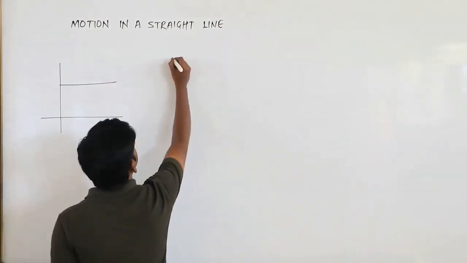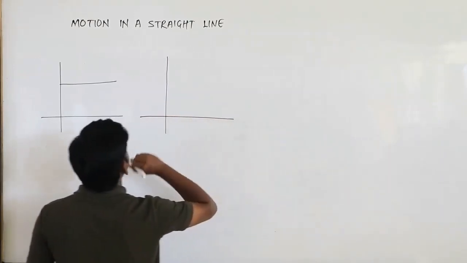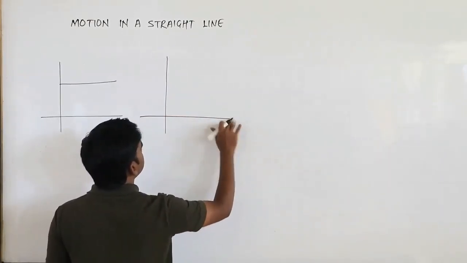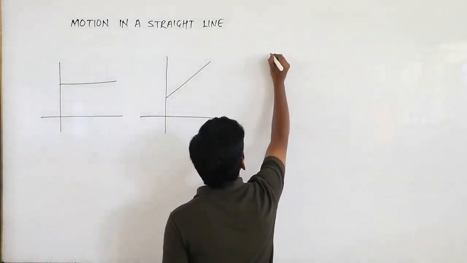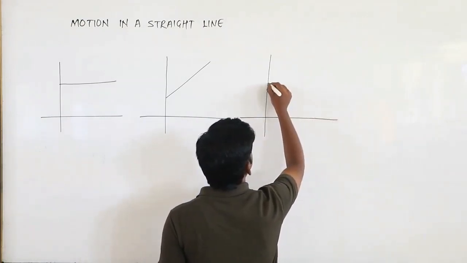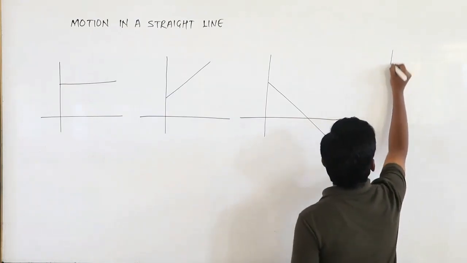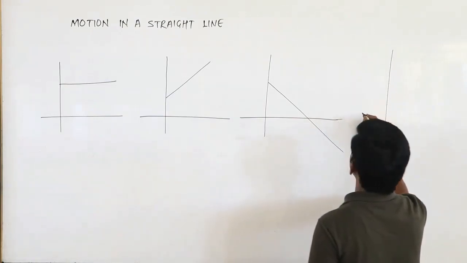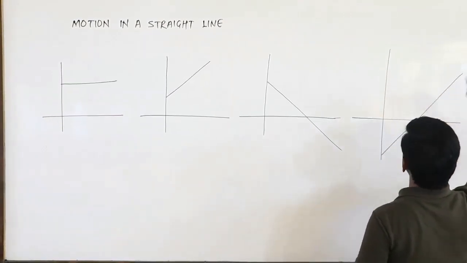So second graph is something as usual. It is like this. Third graph somehow like this. Okay. Fourth graph is something like this.